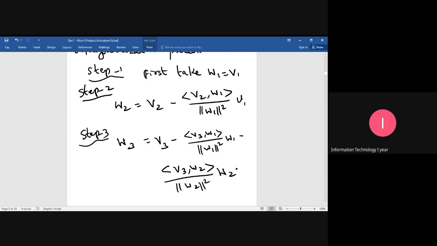They are using the previous W1, W2. To extend the formula, if they ask to find W4, it is V4 minus inner product of V4 comma W1 divided by norm W1 squared into W1, minus inner product of V4 comma W2 by norm W2 squared into W2, minus inner product of V4 comma W3, and so on. Like that, you can extend the formula.